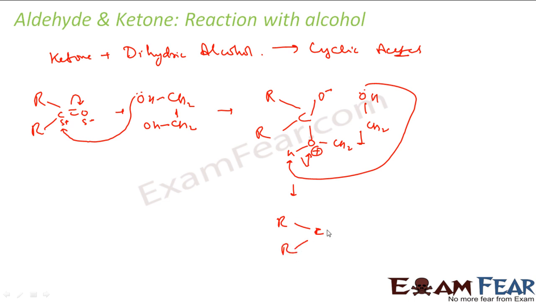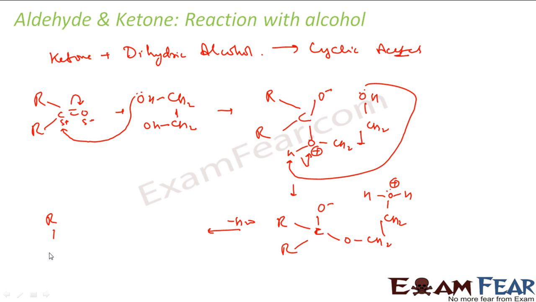So with this, the product you get is R, there's a C here, C here, the O minus, here you get O, CH2, CH2, and H, and this H. And since oxygen gave electron to this H, oxygen gets a positive charge. Since this is H2O and a heavy group, it will come out.